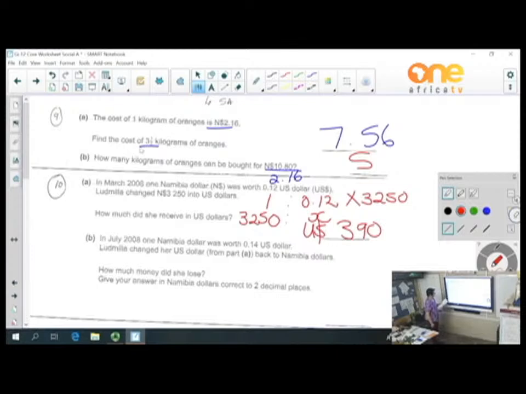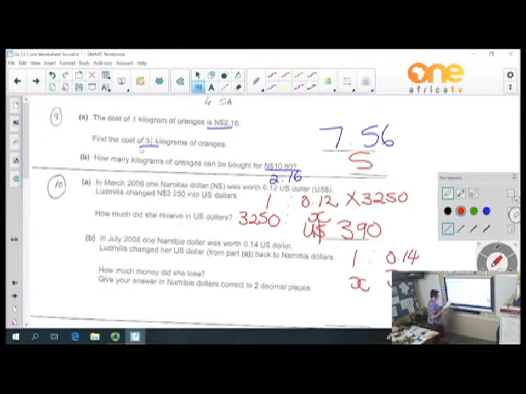In July 2008, 1 Namibian dollar was worth so many US dollars, and she changed her US dollars back now. So now the currency rate is 1 to 0.14. She comes back with 390 US dollars. What is it in Namibian dollars? So this time, multiply with bottom, divide by top. Now it's a division sum. This time you're going to divide.